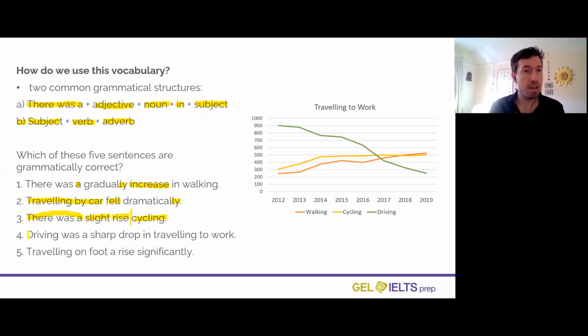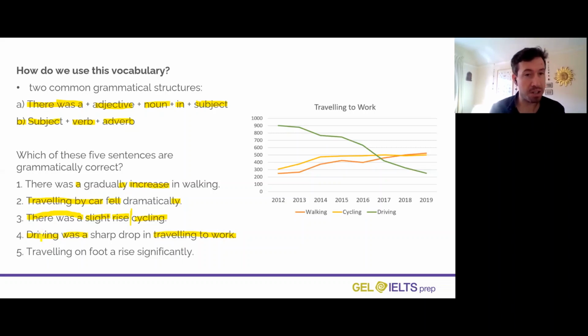Number 4. Driving was a sharp drop in traveling to work. Well, this is a little bit confusing because we've got driving was a. We've got this was a from here, was a. And instead of there, we've put the word driving. And we've got a subject here. So traveling to work and driving, there's two subjects in this sentence, which is not correct.